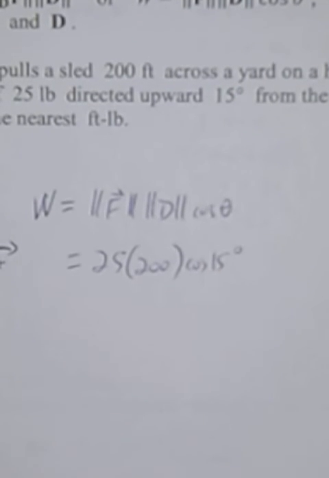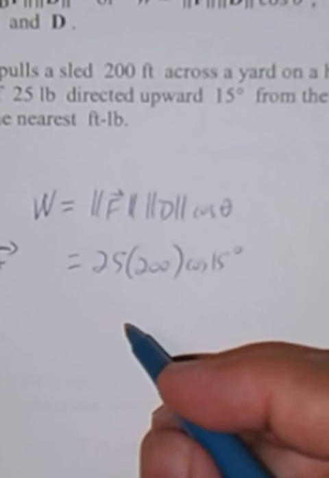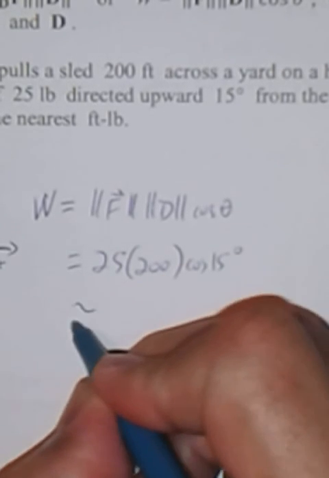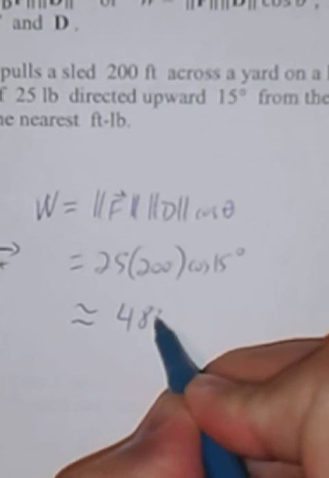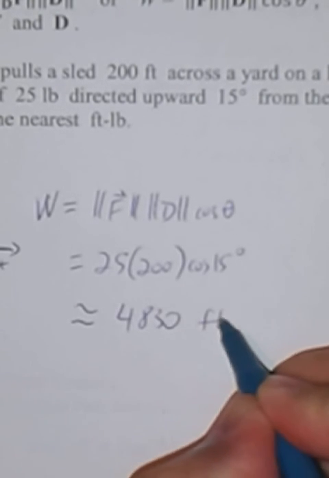Rounding to the nearest foot-pound, I get about 4830 foot-pounds.